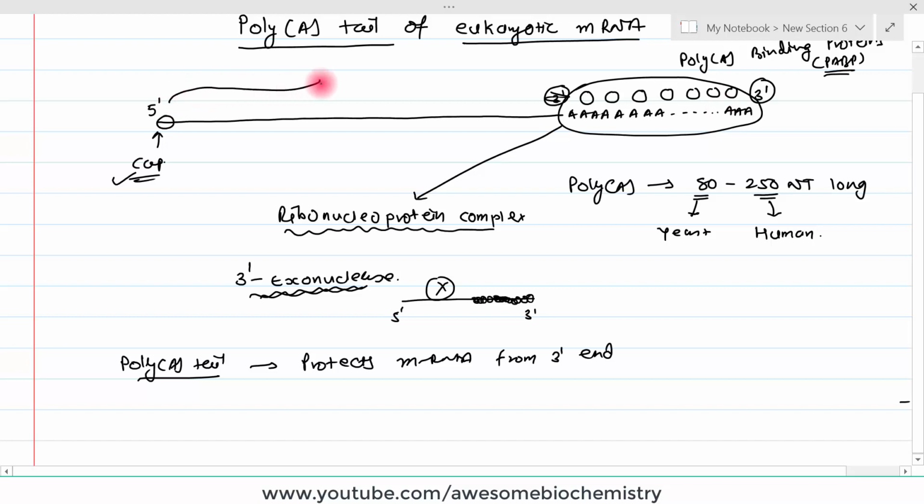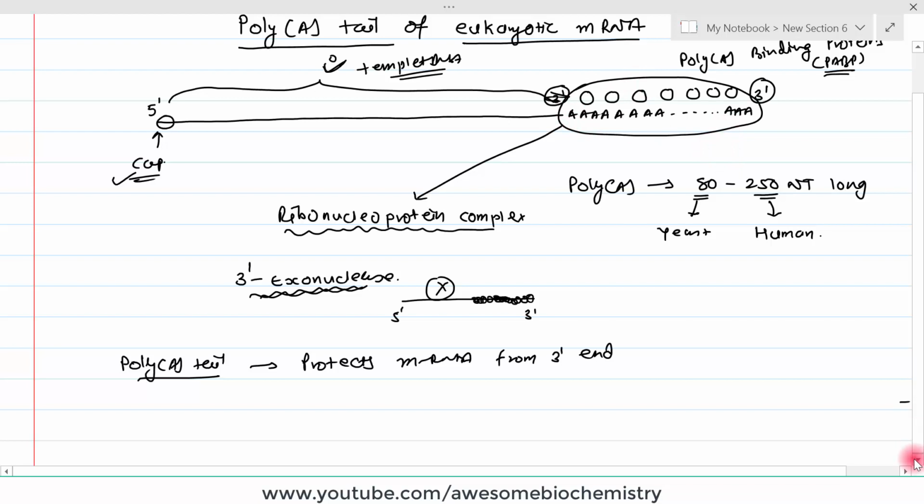The rest of the chain is synthesized based on the template DNA, whereas this poly A tail is not synthesized based on information provided by template DNA. It is synthesized independently, once transcription is over and the pre-mRNA is formed, and then this chain is added.